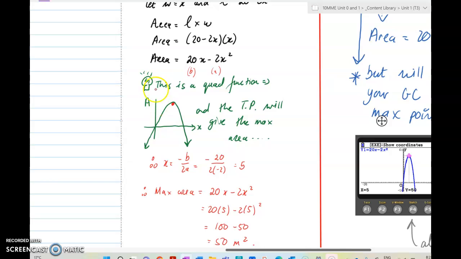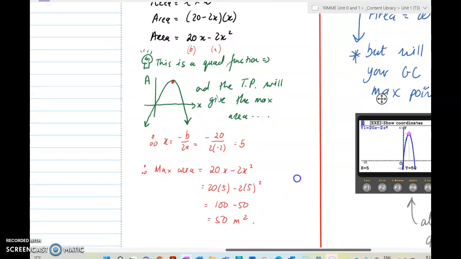On the y-axis, you've got the area. On the x-axis, you've got the width, which we defined as x. And we need to find that turning point. We do not have a calculator, so we're going to use our turning point formula, where the x value of the turning point is minus b on 2a. We substitute in our b, substitute in our a, and we get 5.